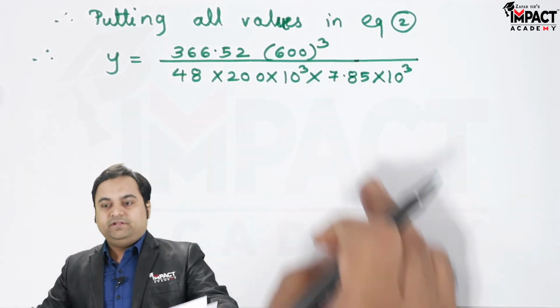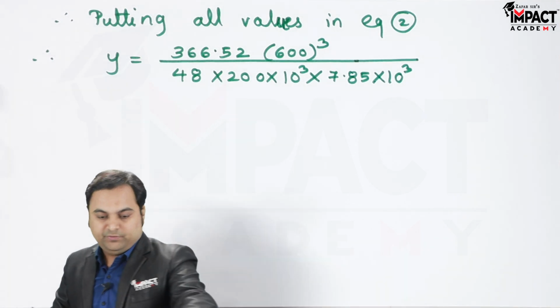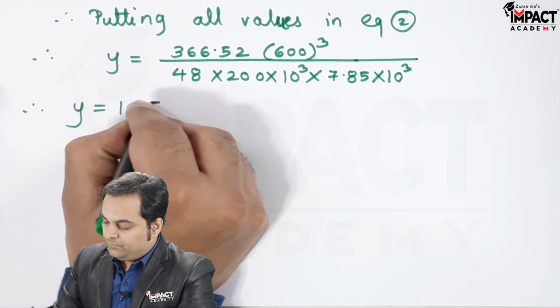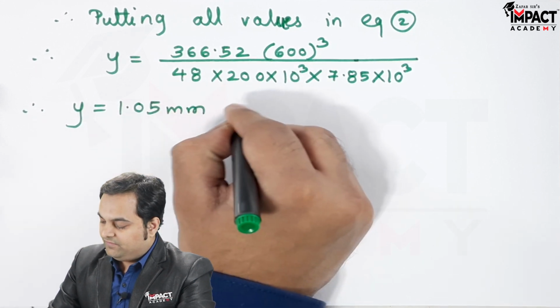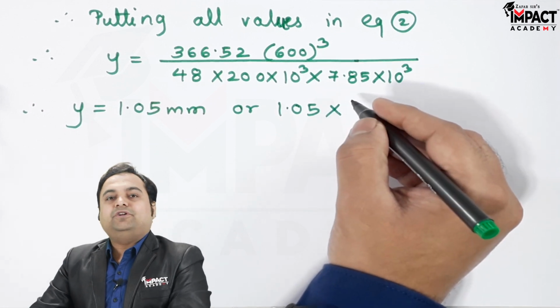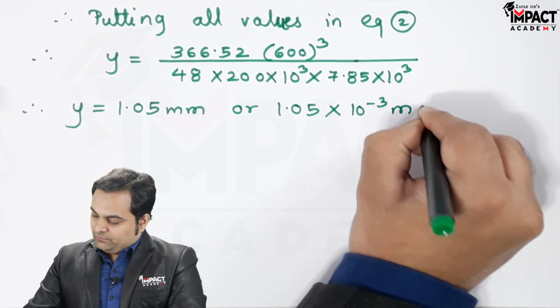Now on calculating this, the answer of Y comes out to be 1.05 mm. I'll even convert it in terms of meter because that would be required in the further part of the solution.